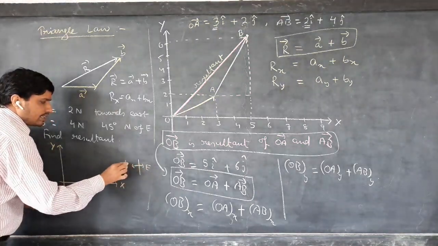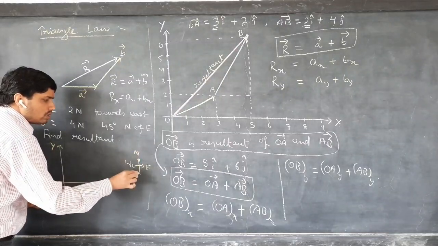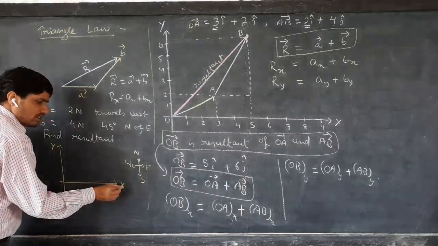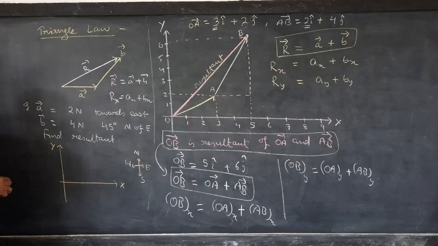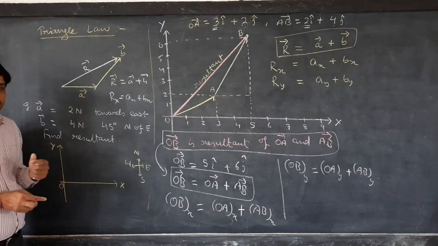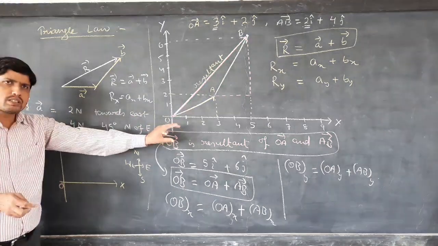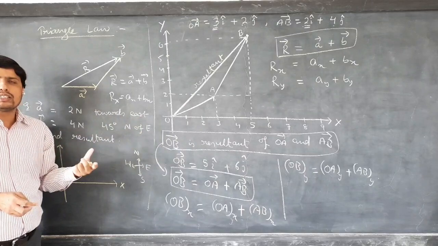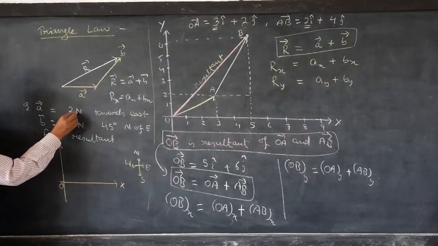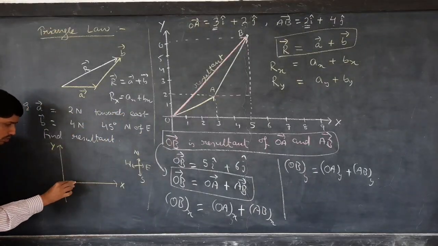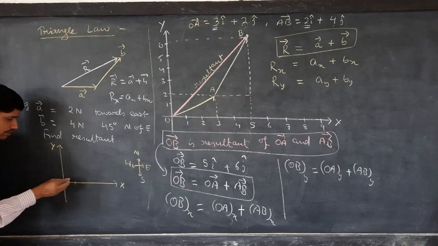So negative x-axis becomes west, this will be north, this will be south. So this is east, this is north. This is our origin, so we begin from our origin. There is a force of 2 Newton. So far we have discussed displacement, but that is also true for force because that is a vector quantity. 2 Newton towards east. So suppose we make some margins.